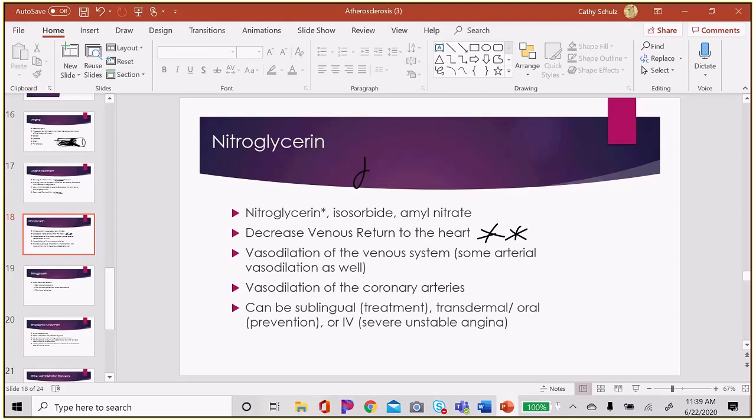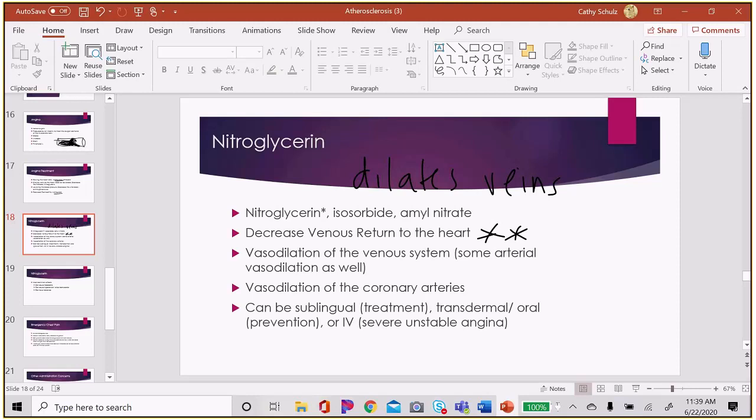It dilates veins, and by doing that, decreases the return of fluid to the heart. So it's a very efficient and fast way to hide fluid. That's why nitroglycerin works very quickly.